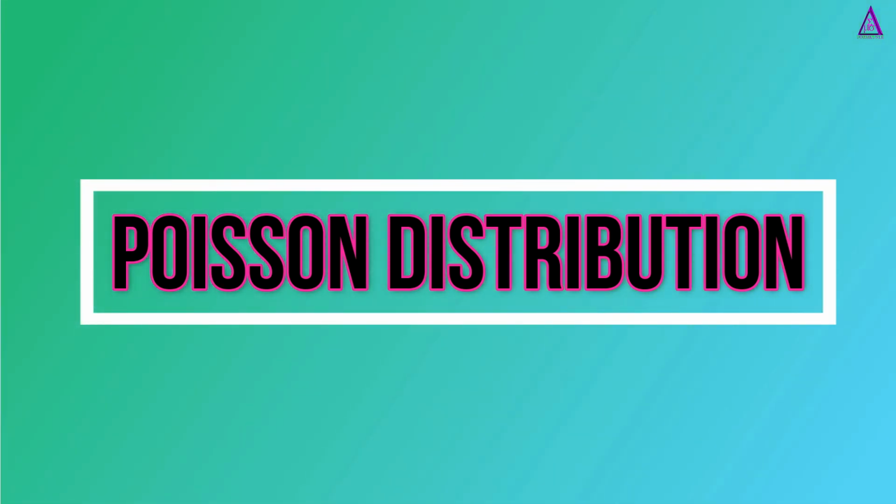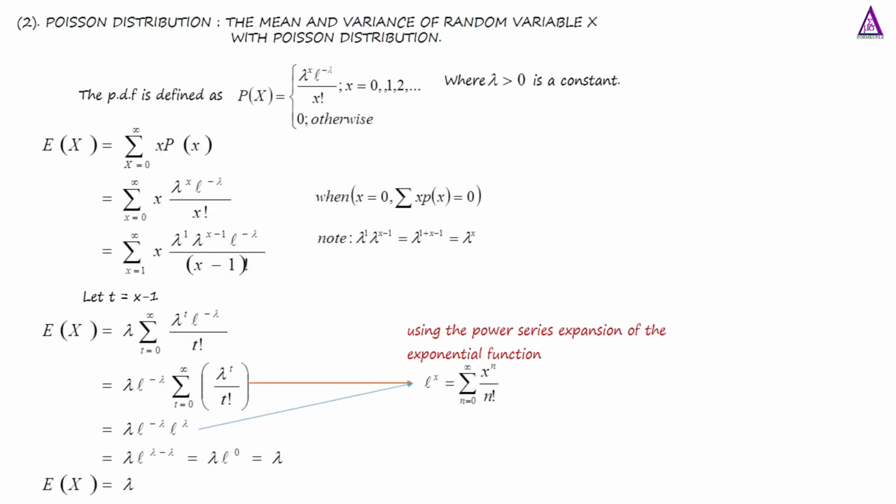The probability distribution function of Poisson is this. Following the same steps as in binomial, just put the value of the PDF, probability distribution function, into it and expand it, including the factorial side.